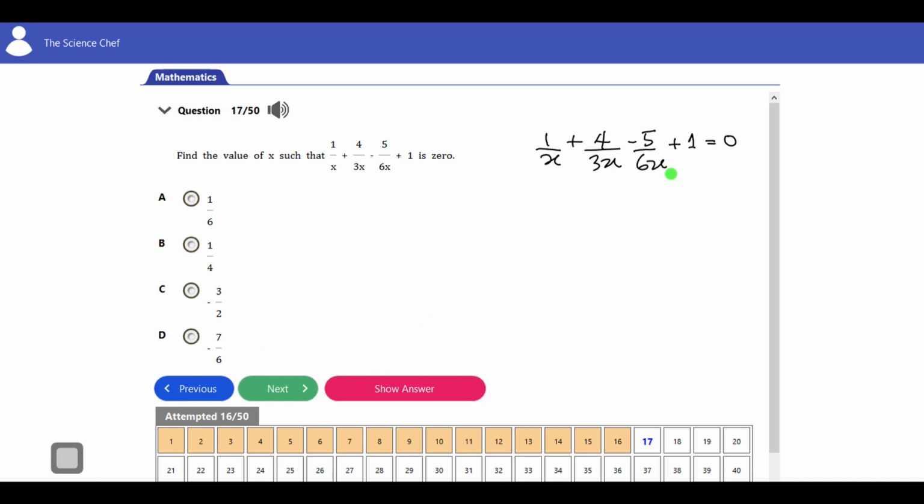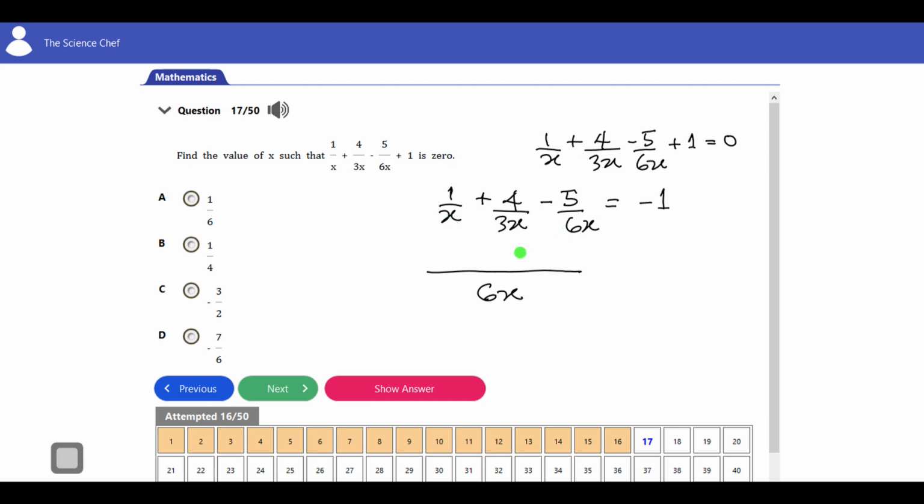First off, you move this 1 to the other side. So we have 1 over x plus 4 over 3x minus 5 over 6x equals to minus 1. Fine. Then find the LCM of the left hand side, right? That will be 6x, right?